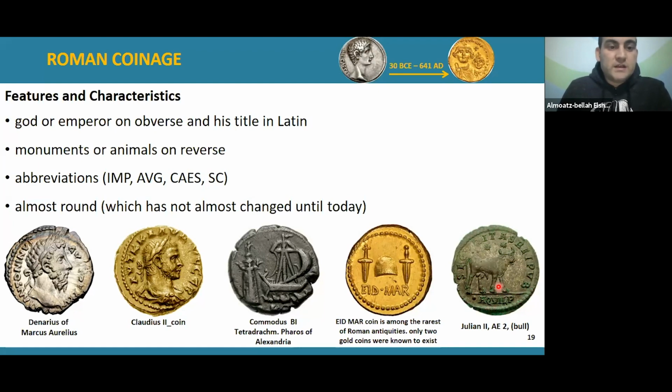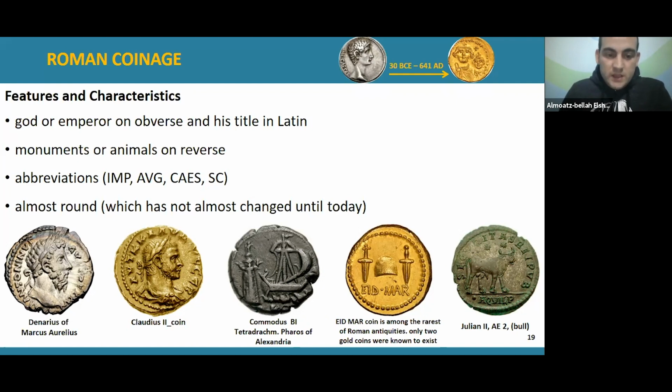Roman coinage often featured a god or emperor on the obverse, with his title in Latin, and often showed monuments or animals on the reverse. It often showed abbreviations like IMP for emperor, AVG for Augustus, CAES for Caesar, SC for Senatus Consultum.